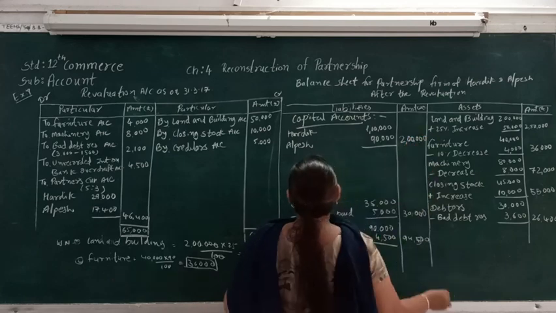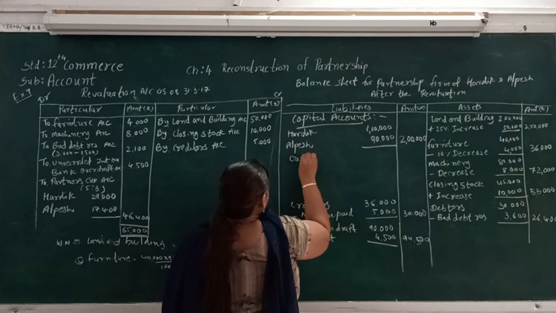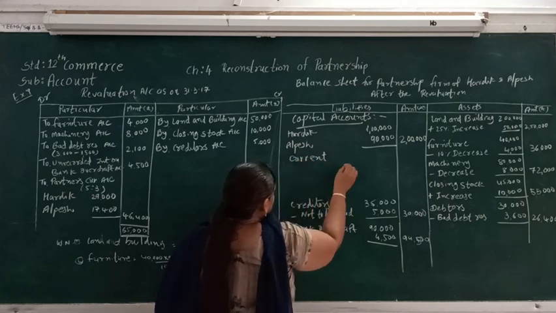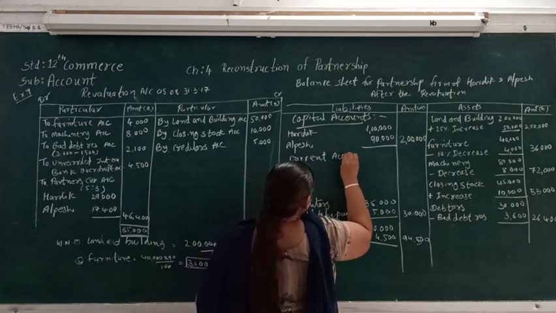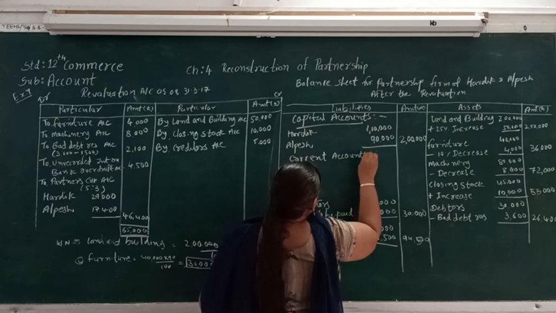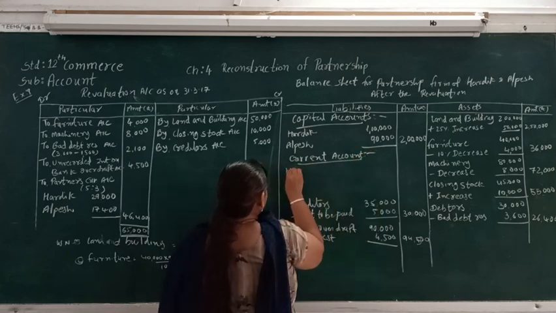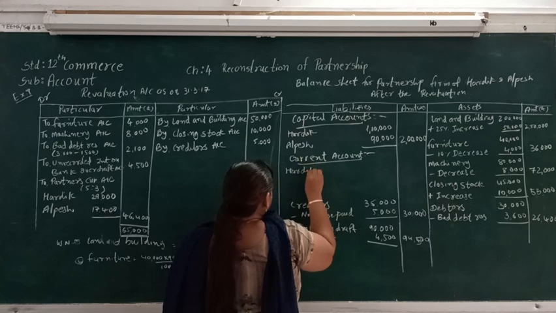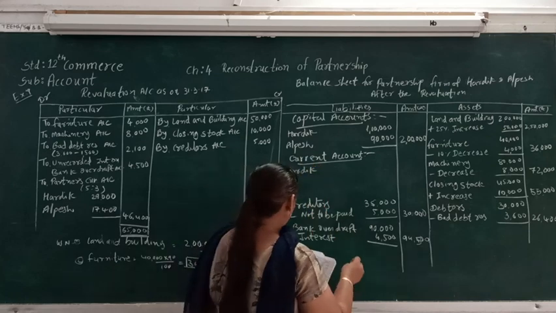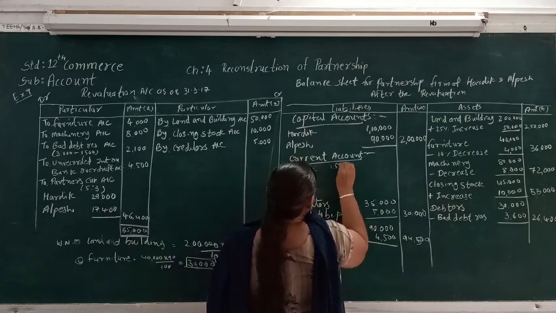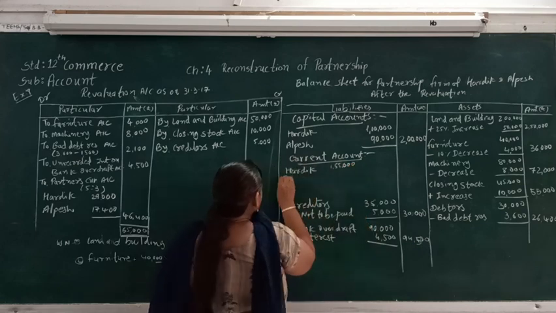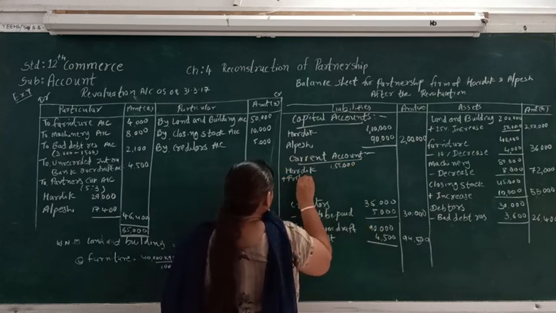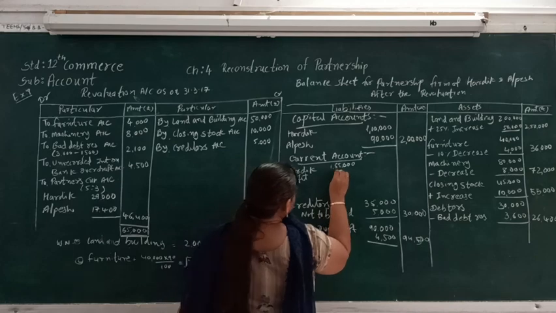And again we have to write current account. And current account of Hardik will be 1,55,000. In that we are going to add the profit of the revaluation account, and that is 29,000.